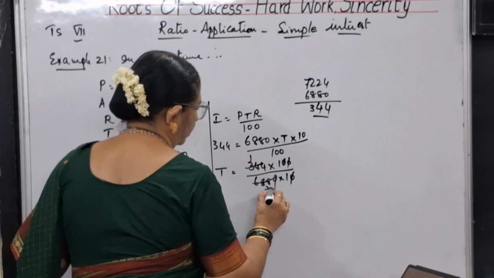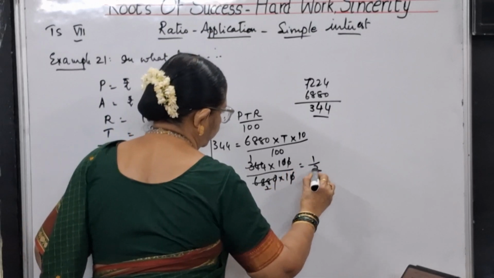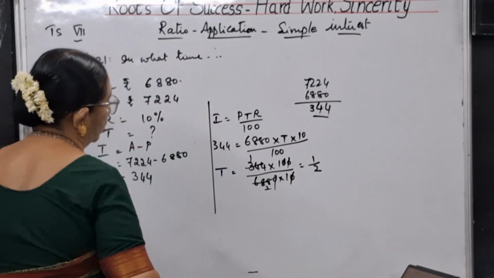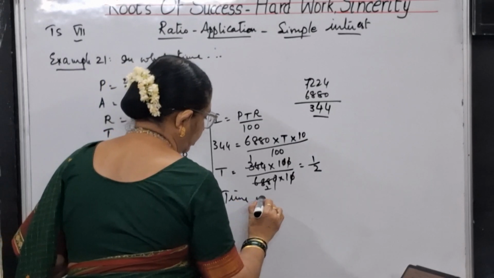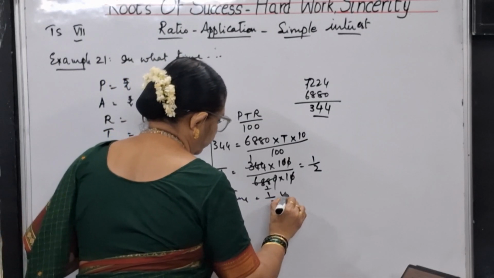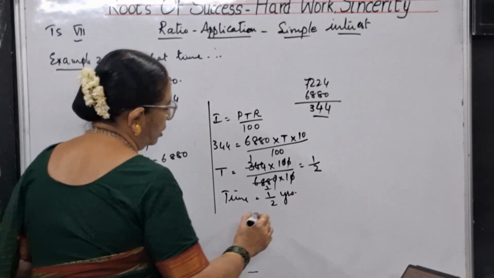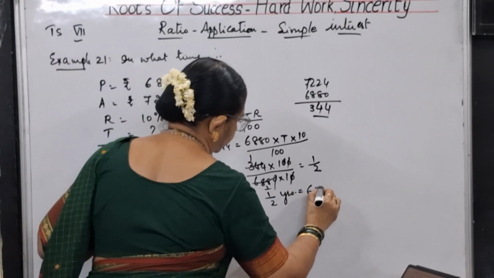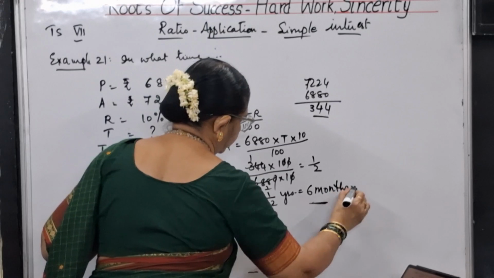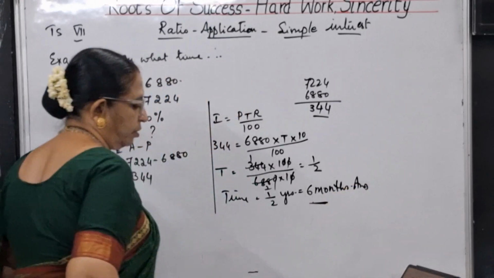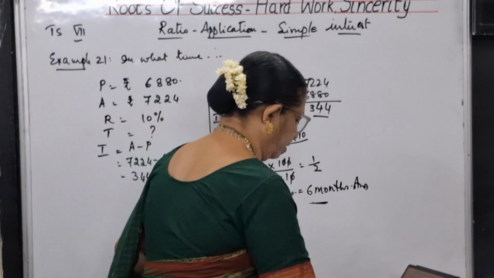So the time is 1 by 2. Time is 1 by 2 means half year. Half year means how much? 6 months. Okay, this is the answer for this problem, children.